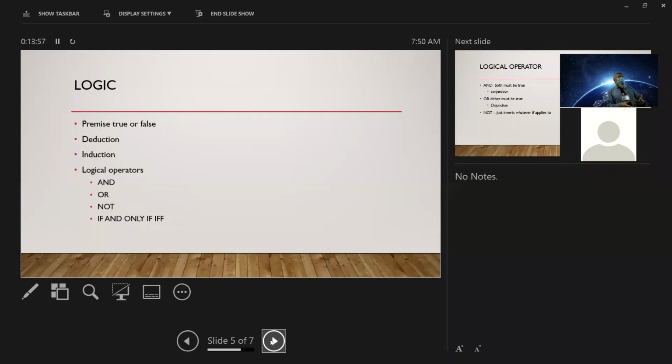Induction is slightly different. What we're doing in induction is working with something which is not necessarily 100% true or 100% false. With those types of things, we use our logic to do induction, and that would be things like probability. Like there's 100 balls in this container, and 99 of them are red and one of them is white.